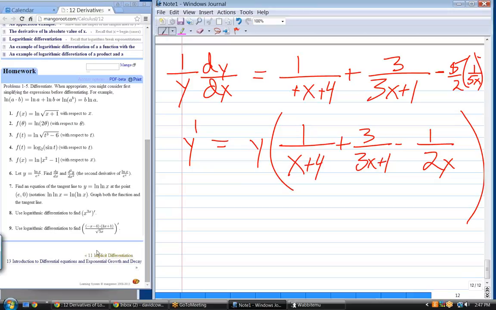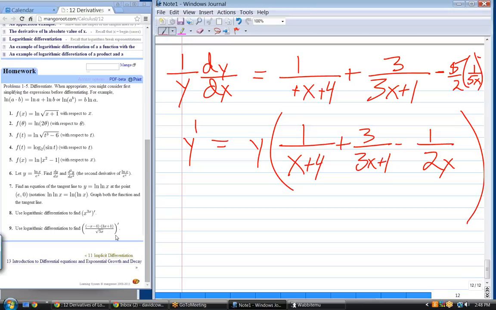Mainly what this is a demonstration of is that sometimes it's easier to take the natural log of both sides before you try to figure out the derivative. That's why it says use logarithmic differentiation. It didn't say use differentiation, because I could have differentiated this a number of different ways. I could have used the product rule and the quotient rule and driven myself crazy with the complexity of it.